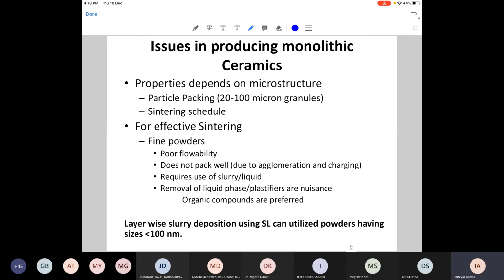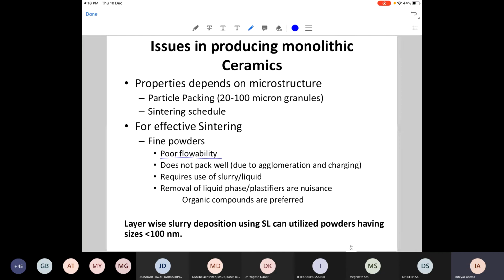But effective sintering is possible with fine powders. As soon as you add fine powders, you have problems of flowability. They tend to flock. Okay, they tend to charge, because if you make a smaller particle, surface becomes more important. And then you require slurry formation in those cases.